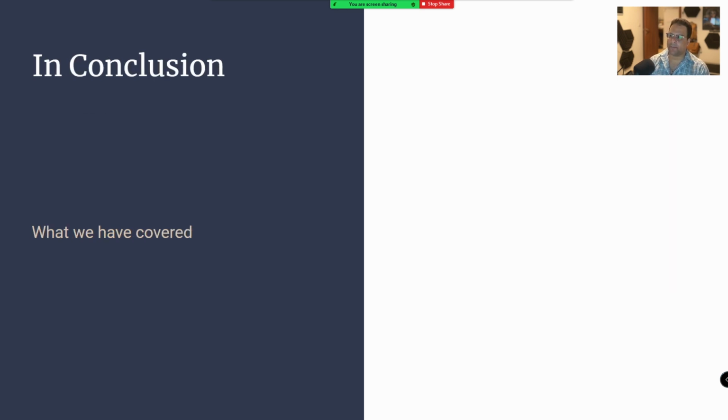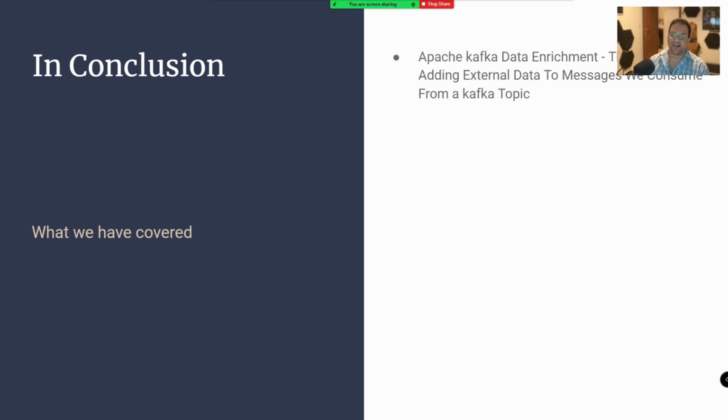And in conclusion, in this session, we have covered that Apache Kafka data enrichment is the process of adding external data to messages we consume from a Kafka topic. And we've made several attempts at data enrichment. The first one was writing our own Kafka consumers and Kafka producers, the commando mode.